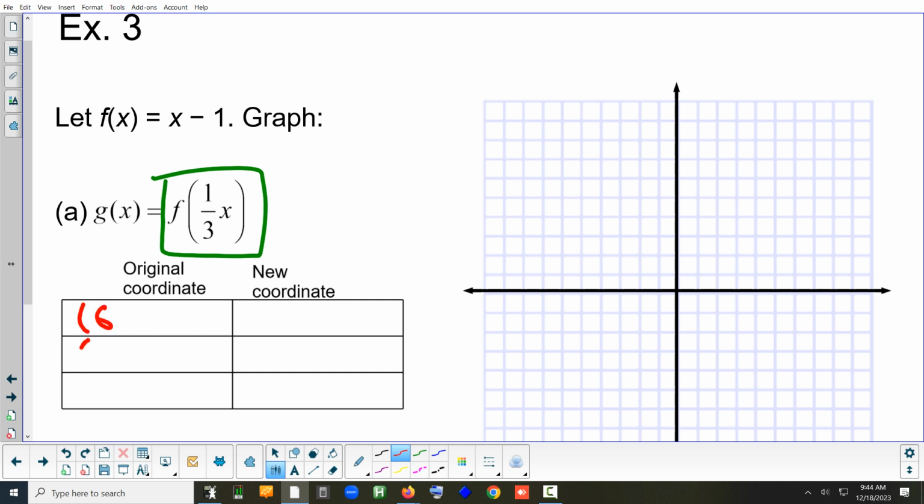Yep. What's another good number we could take 1/3 of? 9. That would be a good one. And what's another number? 12. Yeah, we could do 12. It might go off the graph a little bit. Can we think of a number that's smaller? Yeah? 3. That's a good one.